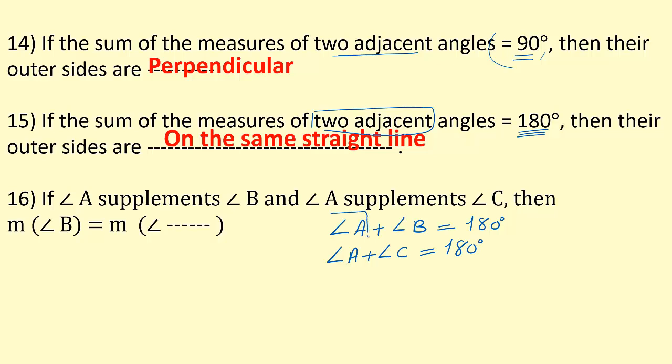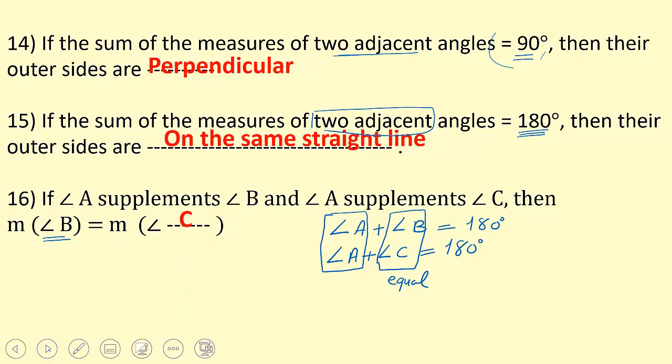Since angle A and angle A both have the same measure, then sure, the other two angles, angle B and angle C, will also have the same measure and they are equal. Then the measure of angle B is equal to the measure of angle C.